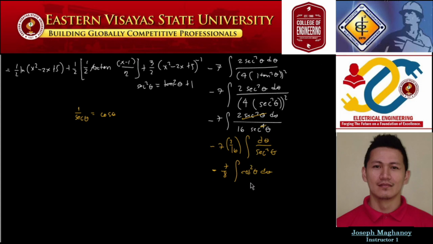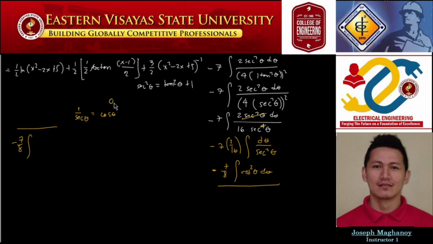Or introduce a new trigonometric substitution. So we move here. So that is negative 7 over 8 integral cosine squared theta. We have an identity for that.